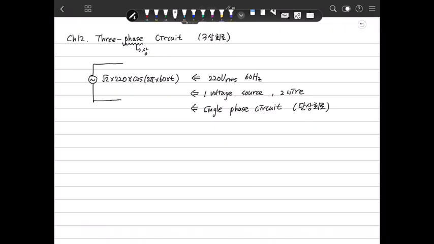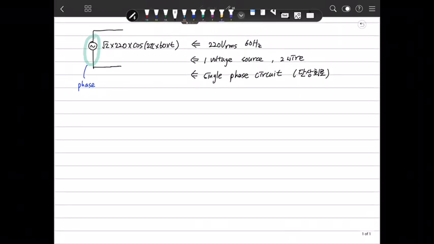Then what is a 3 phase? We call this a phase. This also is a phase. Then what is a 3 phase? 3 phase is 3 independent sources, like this.